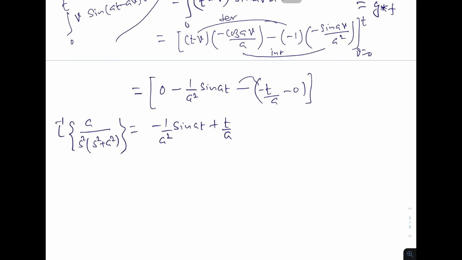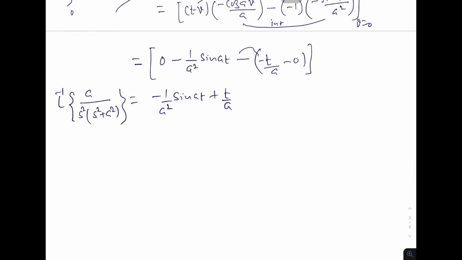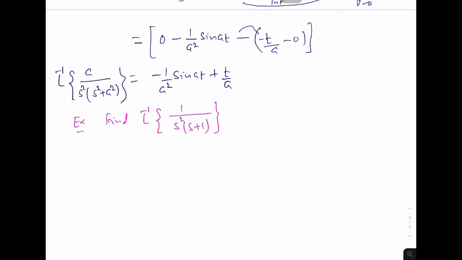Okay, let us take one last example. Find the inverse Laplace transform of 1 over s squared times (s plus 1). Here we need to use the convolution theorem.